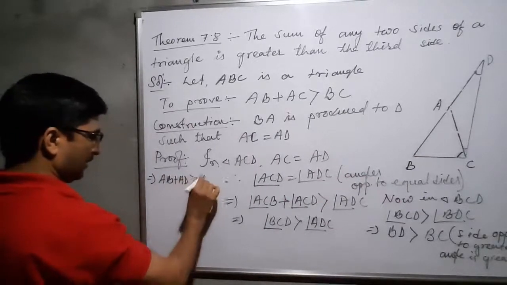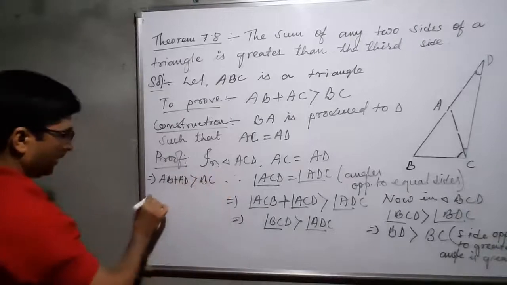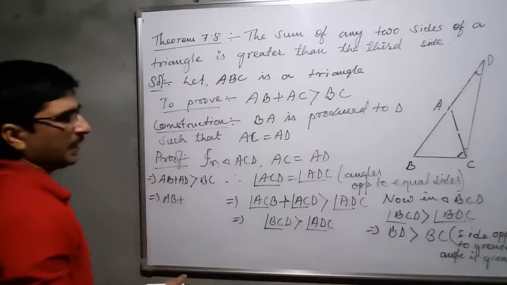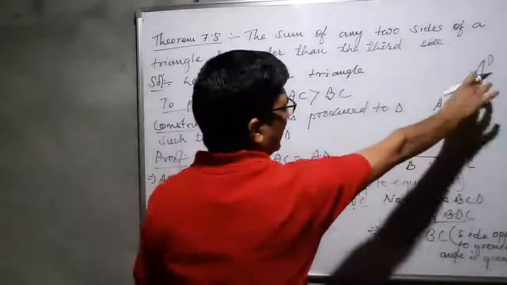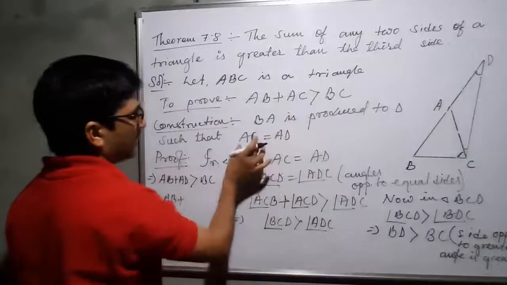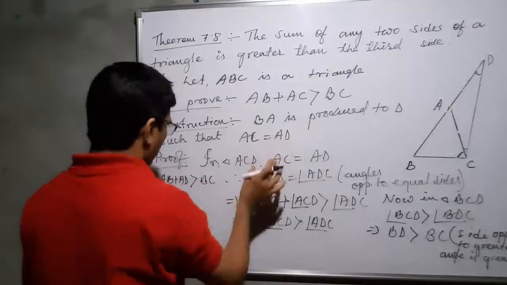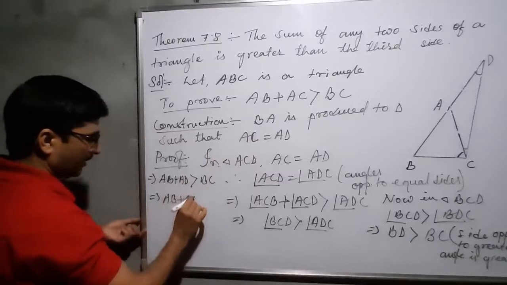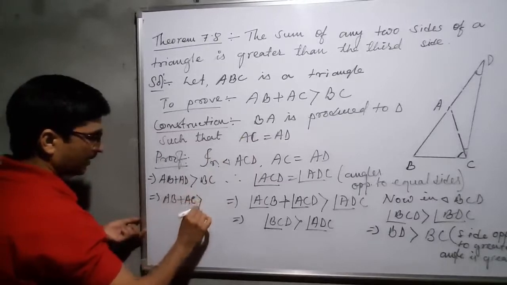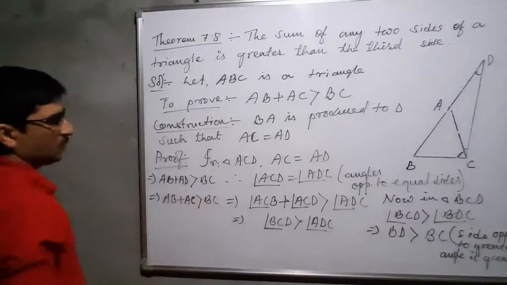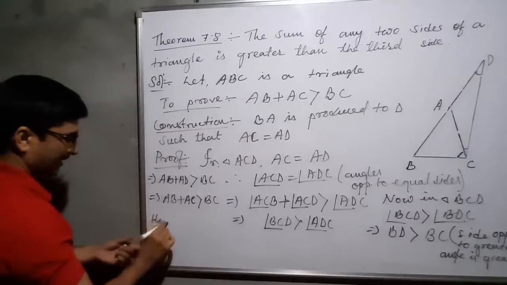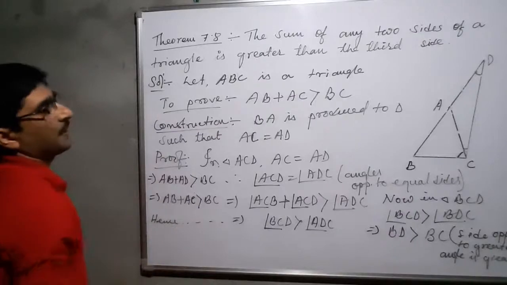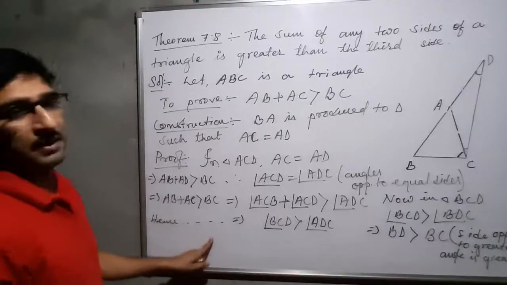Now AD is equal to AC, in our construction AC and AD are equal. So in place of AD, I can write AC. So AB plus AC is greater than BC. Hence the sum of any two sides of a triangle is greater than the third side.